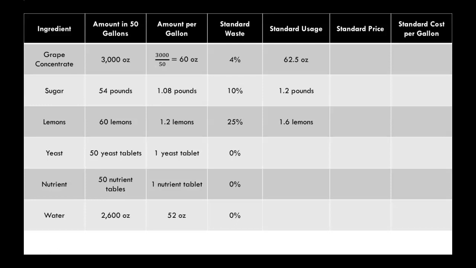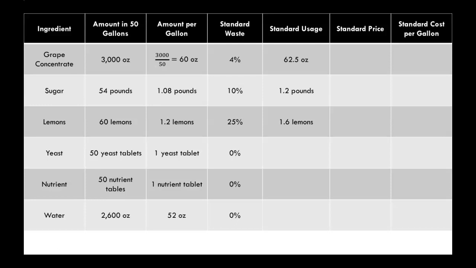Now, if it's standard waste, why are you adding the waste instead of subtracting it? Well, because we still need 1.2 lemons in every single gallon.